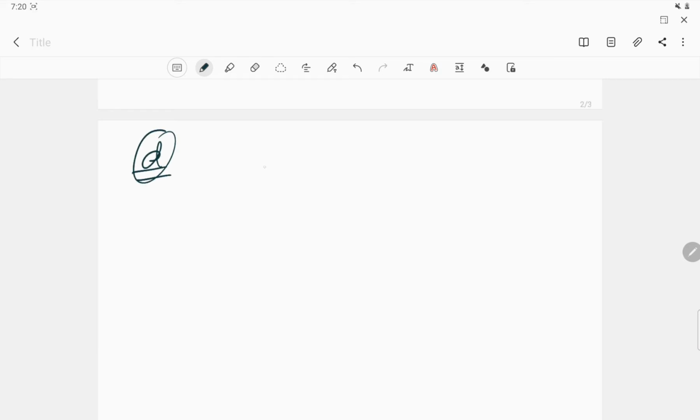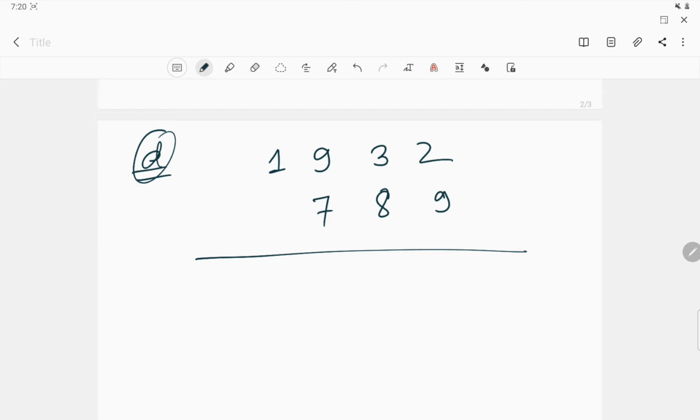Another question, that is question number D. 1932 and 789. Now subtract it. In the ones place, the minuend is less than the subtrahend, so you have to borrow 10 ones. So it will be 12 and it will be 2.